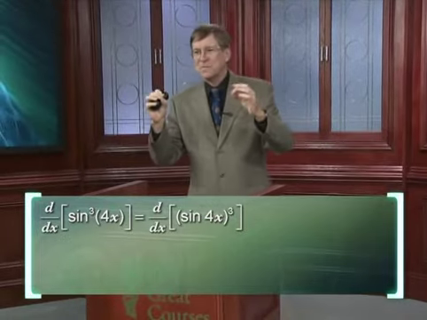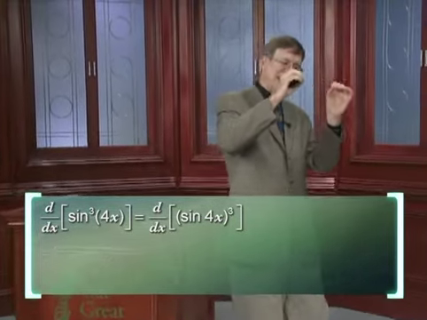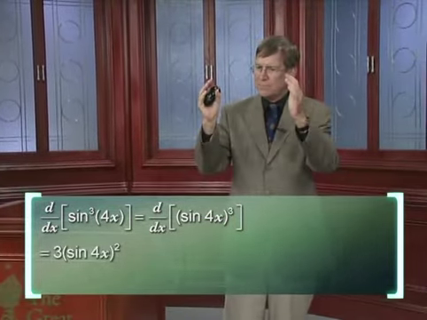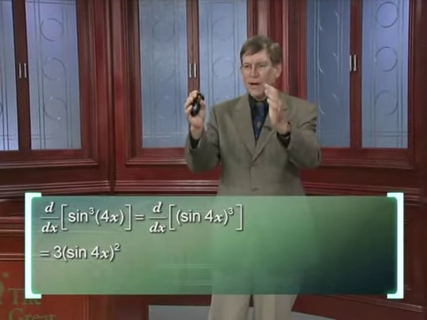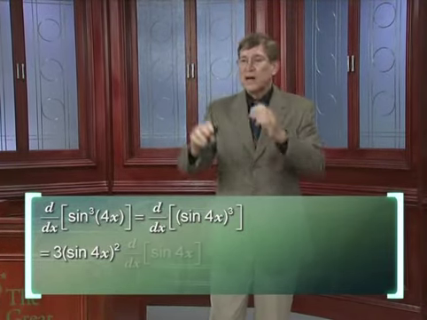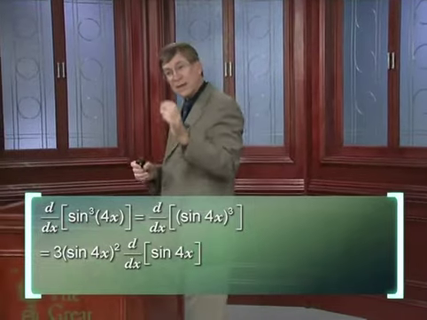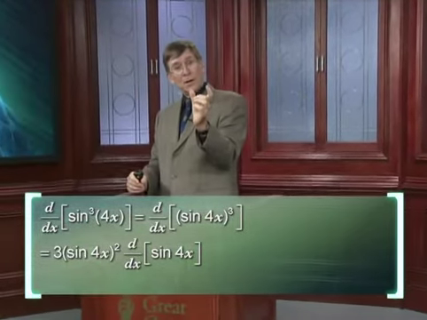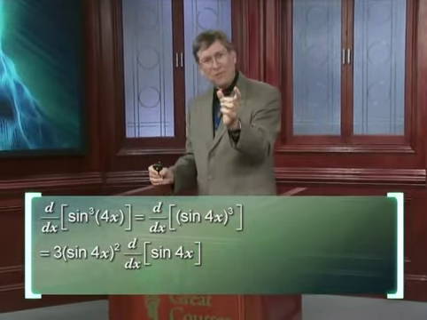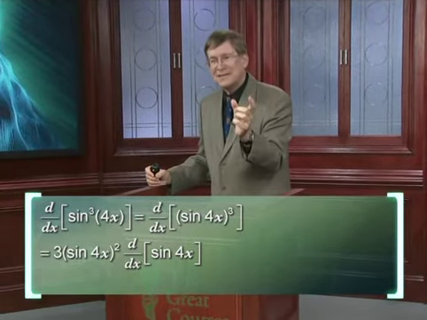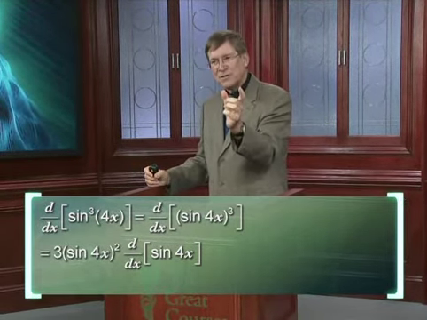What's the derivative? Well, the chain rule would say it's 3 times the function sine 4x squared times the derivative of sine 4x times the inside derivative. But wow, that itself requires a chain rule, doesn't it? That itself is a composition.